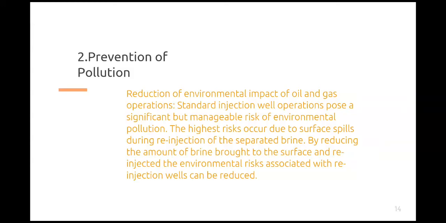By reducing the produced water that will be brought up to the surface, there will be no spill or less spill. By reducing the amount of brine brought up to the surface and re-injected, the environmental risk associated with re-injection wells can be reduced.